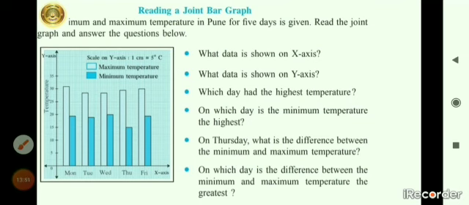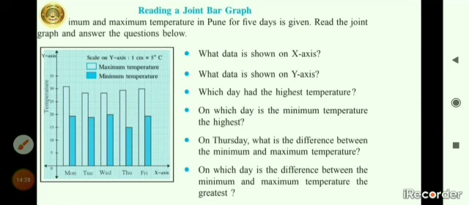In this, the temperature of Pune city is given for 5 days and we have to answer the given questions. First is, what data is shown on the x-axis? Observe the graph. The answer is very simple. On the x-axis, the 5 days of a week are shown, right?